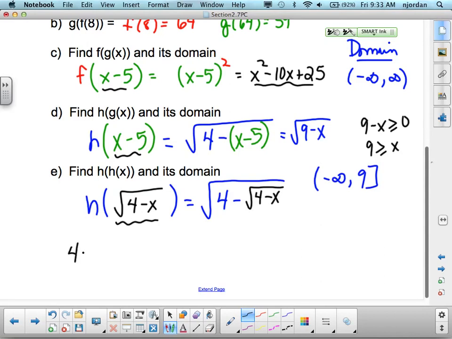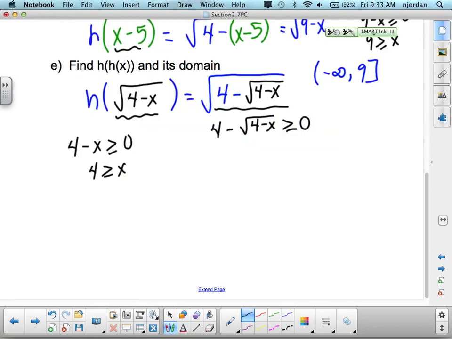That domain, we know, has to be positive. So we have x is less than or equal to 4 for that problem. But we also know in my output that this also has to be positive. That value under that radical needs to be positive as well.